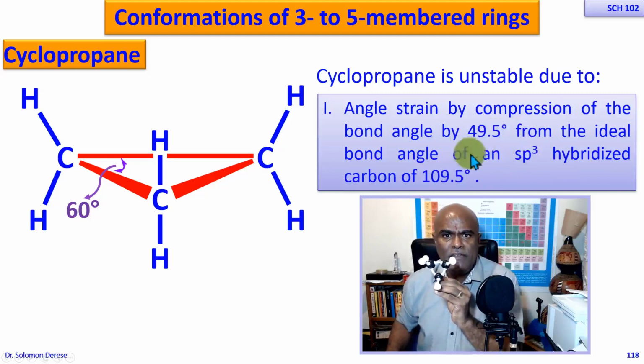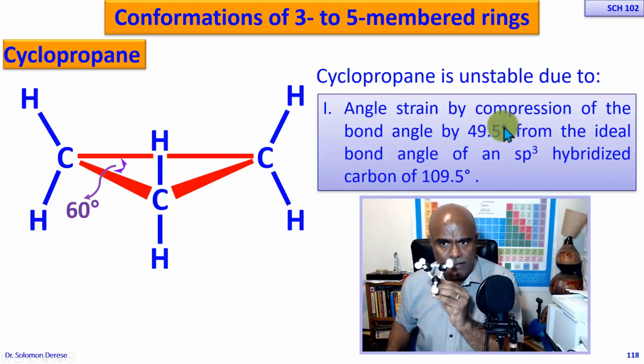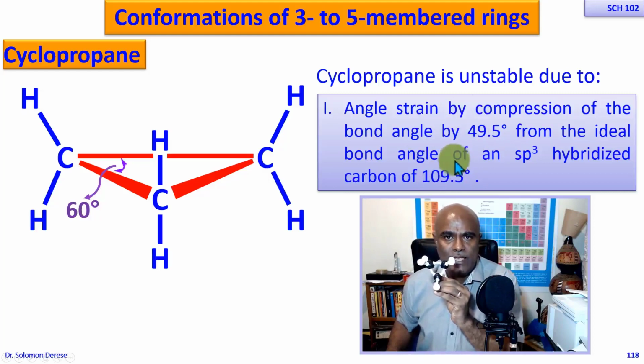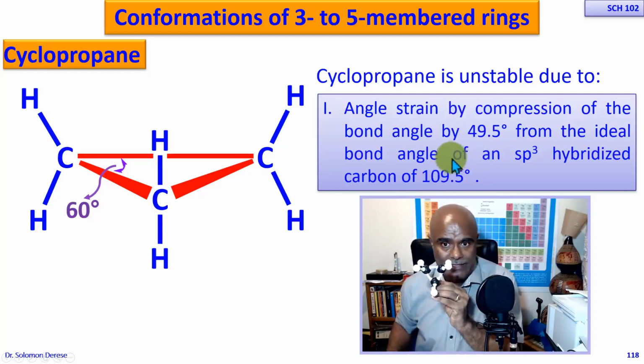It is very, very strained. This is, as you shall see, the most strained angle of all the cycloalkanes. So one of the reasons cyclopropane is unstable is because of angle strain.